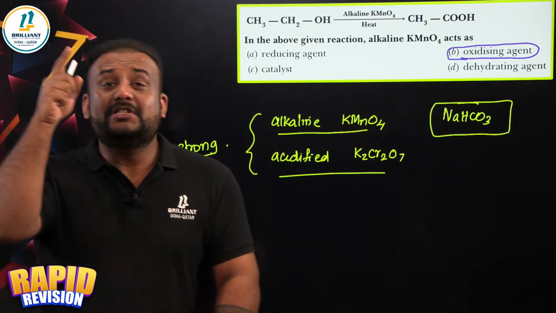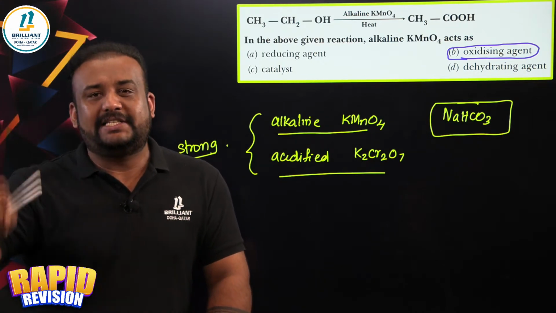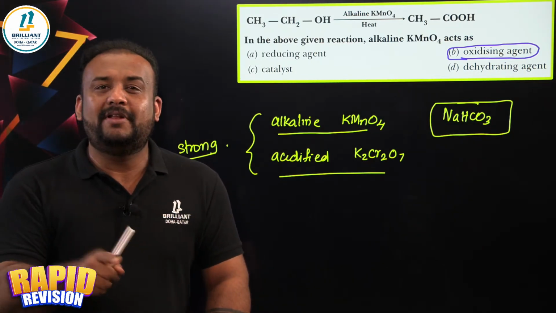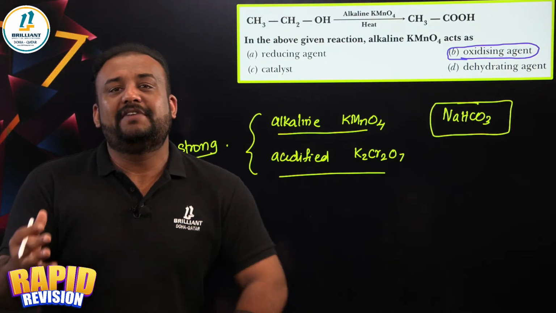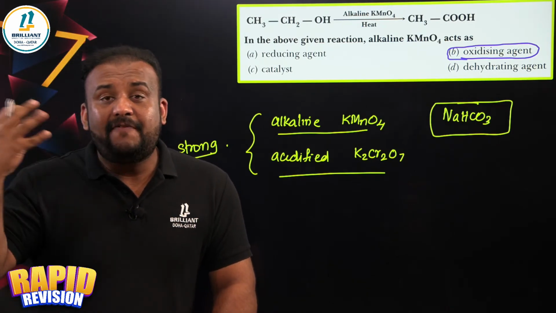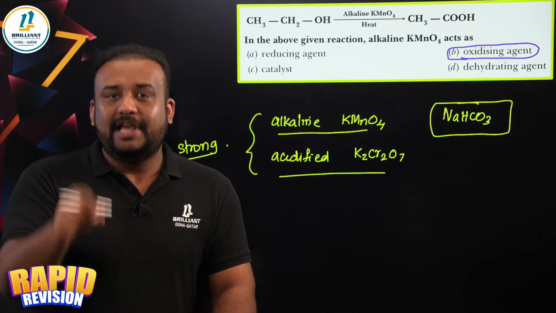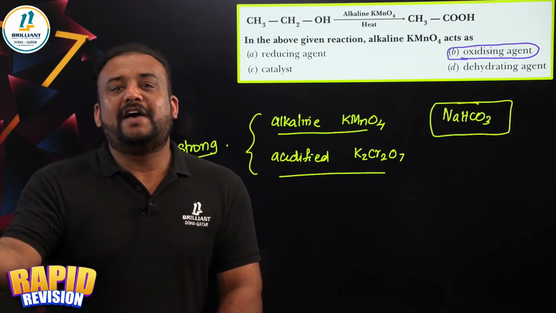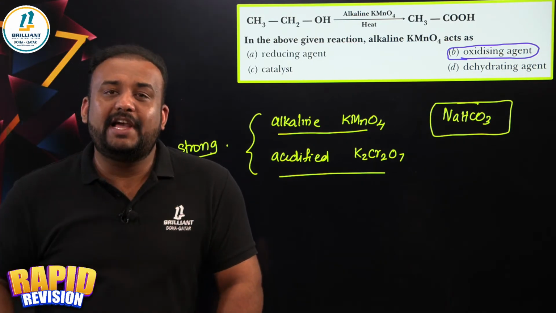You know why? Because ethanoic acid is an acid, and when you add acid into a metal bicarbonate, salt plus water plus carbon dioxide is produced. This carbon dioxide will come out through the solution, and it will produce a brisk effervescence. So if a brisk effervescence is noticed in the solution, that means you have added sodium bicarbonate into an acid, but alcohol does not react.